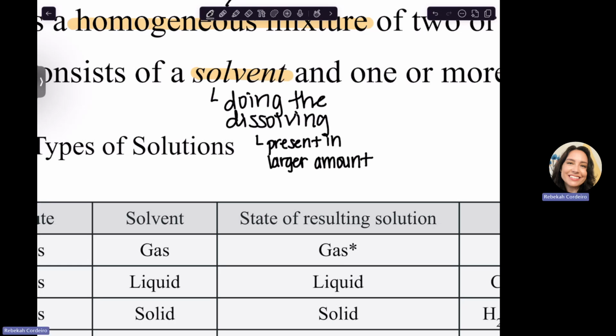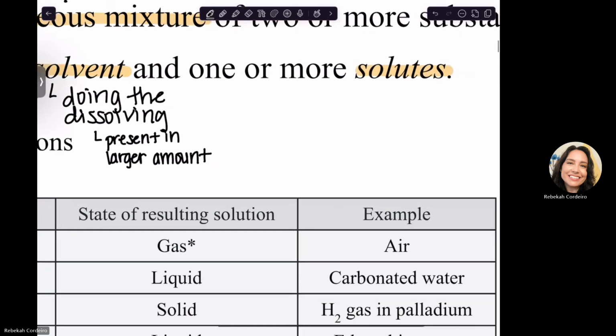The solvent for the air that we're breathing right now is nitrogen because that's the substance that makes up 70 something percent of the air in our atmosphere, down here in our atmosphere. Solutes are the things that are getting dissolved, or we can think about them as present in smaller amounts.